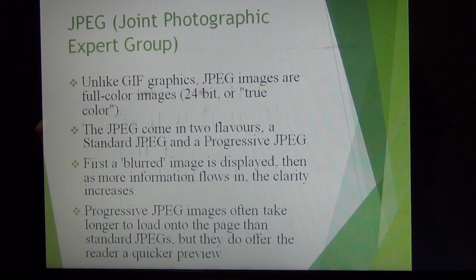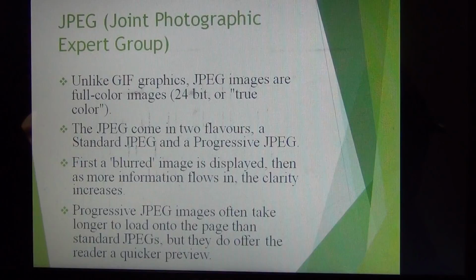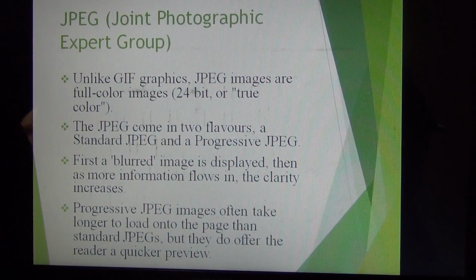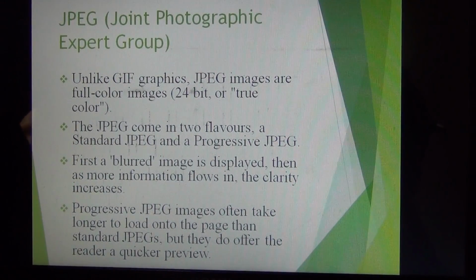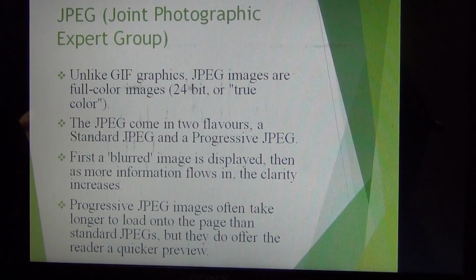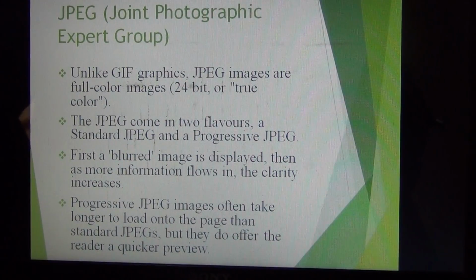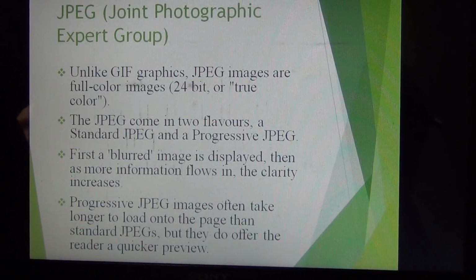Unlike GIF graphics, JPEG images are full color images, that is 24 bits or true color. JPEG comes in two flavors, a standard JPEG and a progressive JPEG. First, a blurred image is displayed, then as more information flows in, the clarity increases.